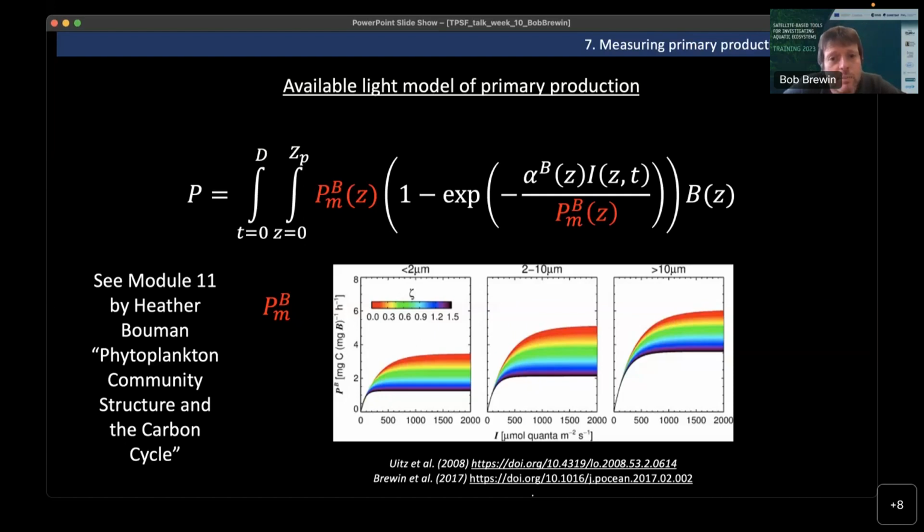And so the parameters, both the initial slope and PB max, vary depending on the size, in these examples shown here, but also the taxonomic composition of phytoplankton in the ocean. So if we can predict what type of phytoplankton is in the water from space, we can really improve our assimilation number estimates.